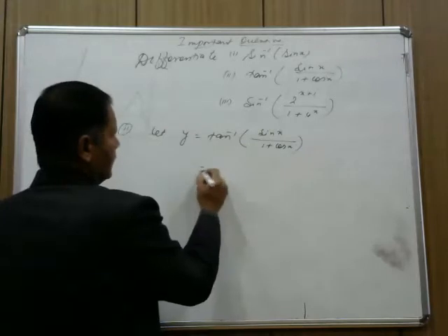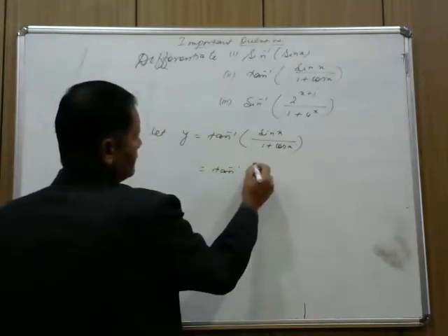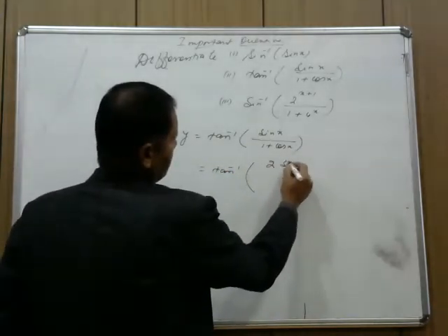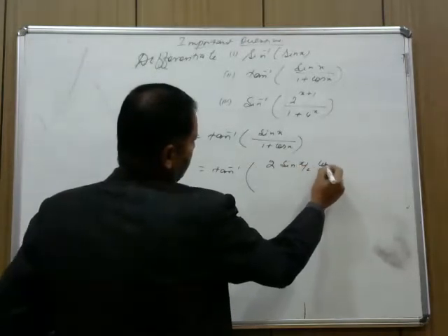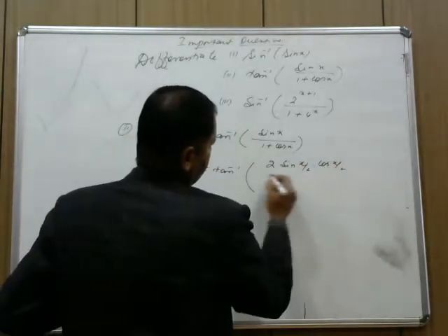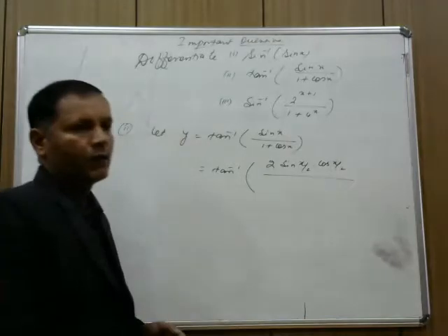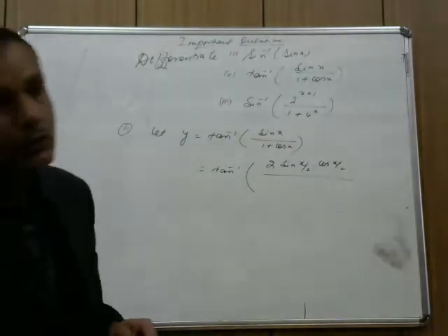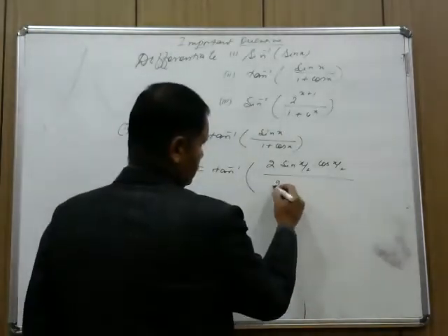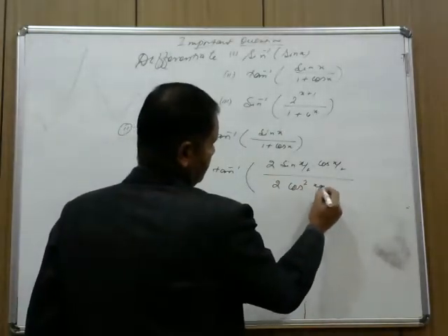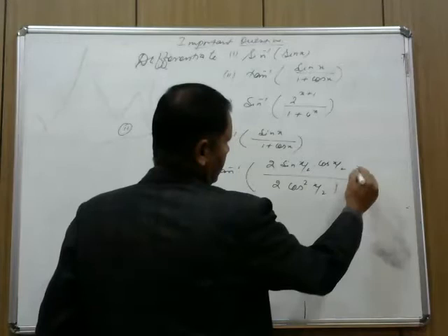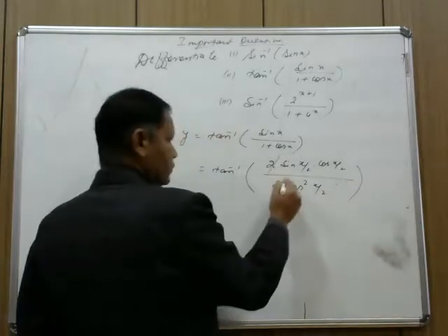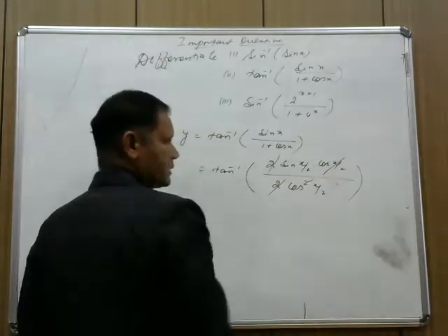Now sin x we can write 2 sin x by 2 into cos x by 2, and 1 plus cos x, what can we write? 1 plus cos x we can write 2 cos square x by 2. Now this 2 and 2 is cancelled, cos x by 2 is cancelled.